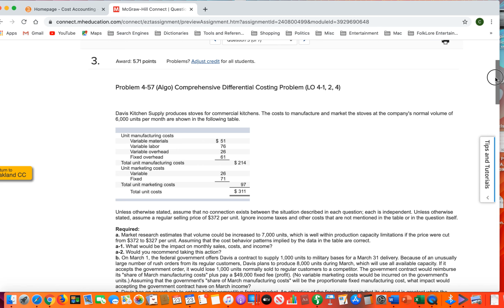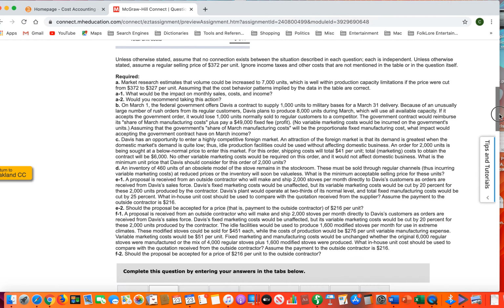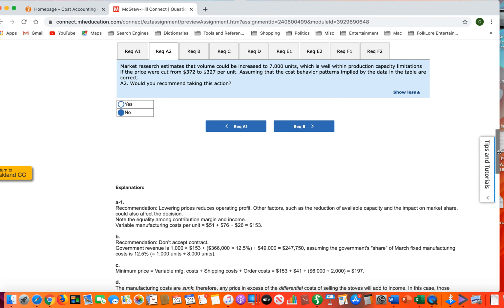And then notice here in the explanation of how they do it. Look at B. Assuming the government share is what we see here. And I'll explain all this in just a moment. Assuming it. I just think, why should you have to assume what is meant by the share of March?